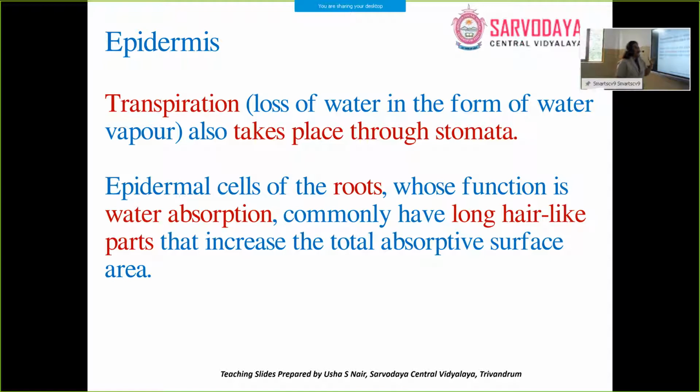Now we have done with the leaves, the aerial parts, and dry habitats. Here we have the epidermal cells of the roots. We know that the main function of roots is to absorb the water and nutrients in the soil, whatever they can.